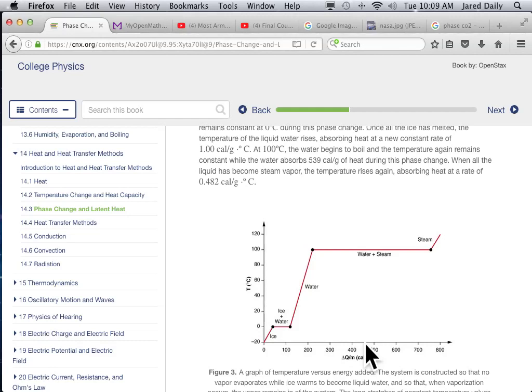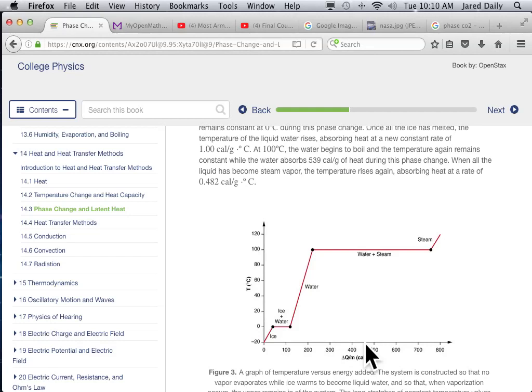Then if we continue to add heat to it, the temperature will go up and up and up until we've added about 200 joules of energy to this 1 kilogram of water. We've gone from negative 20 degrees to 100 degrees Celsius, and we've added about 200 joules.